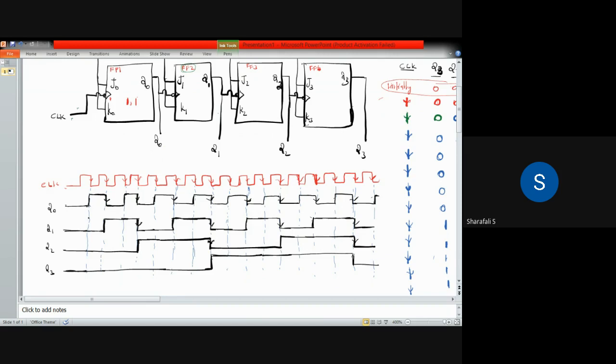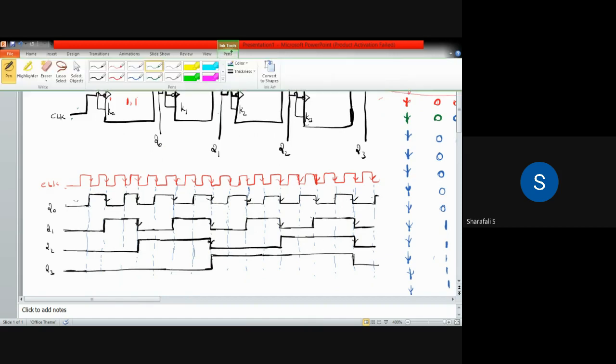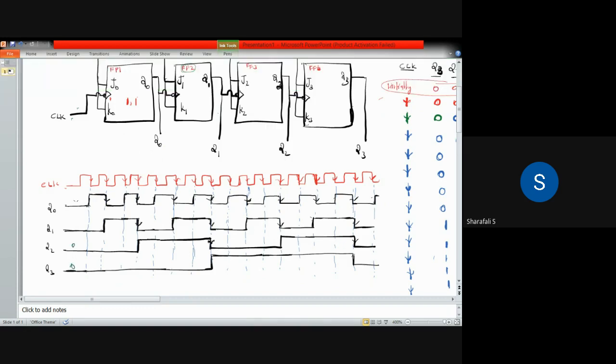You can see the states from here. 0 0 0, then 0 0 0 1, then 0 0 1 0, 0 0 1 1, then 0 1 0 0, 0 1 0 1.